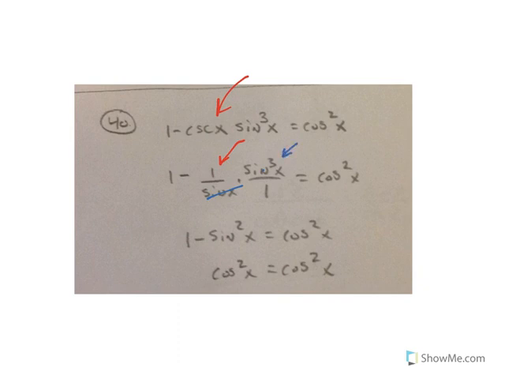So one factor of sine will cancel one factor of sine up top, and that's going to become a sine squared. And that will lead you to having 1 minus sine squared. And 1 minus sine squared from our Pythagorean identities is identical to cosine squared. So that will get us cosine squared is equal to cosine squared.